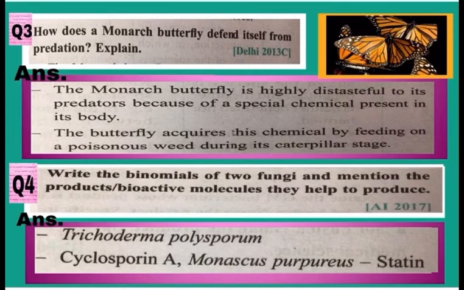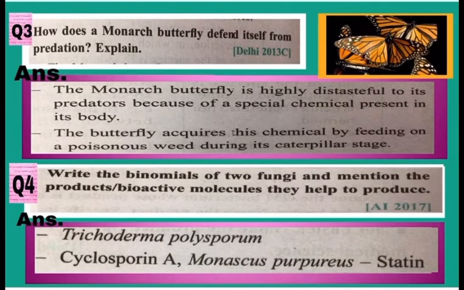This chemical makes the monarch butterfly distasteful and predator birds do not like to eat it, and this saves the butterfly. Where does this chemical in the butterfly come from? The butterfly gets this chemical by feeding on poisonous weed during the caterpillar stage, and this is how the monarch butterfly defends itself from predation.